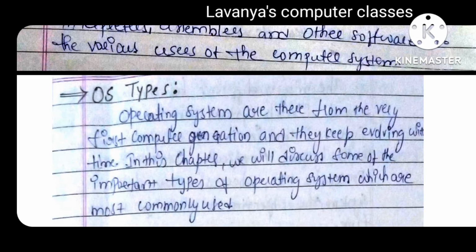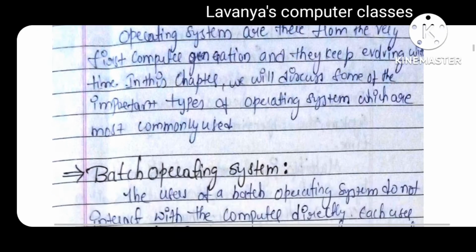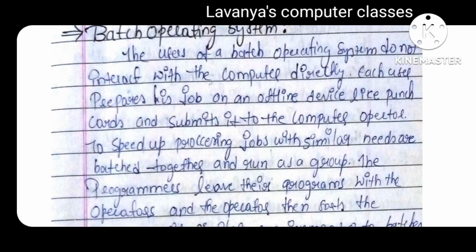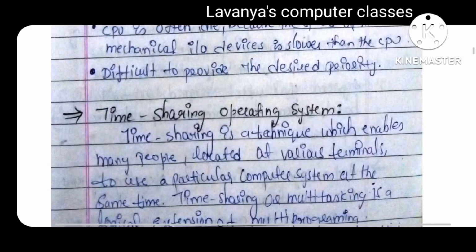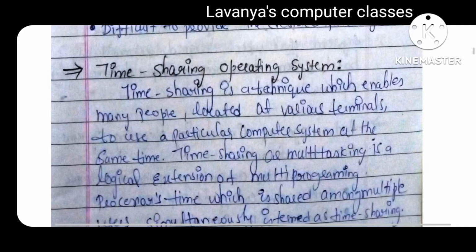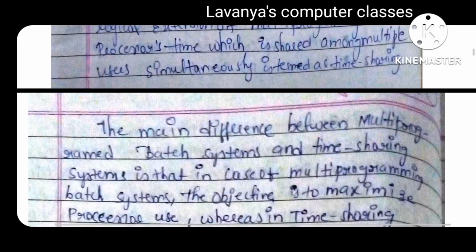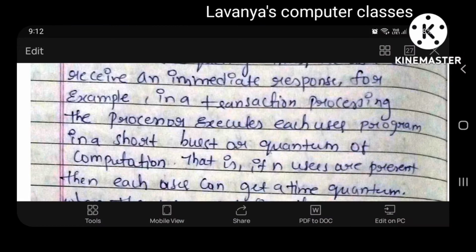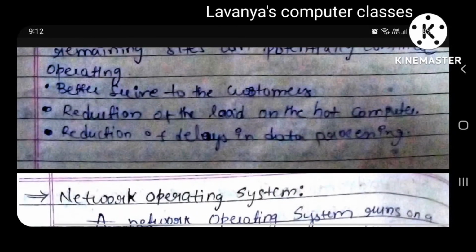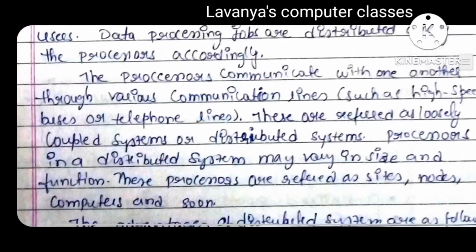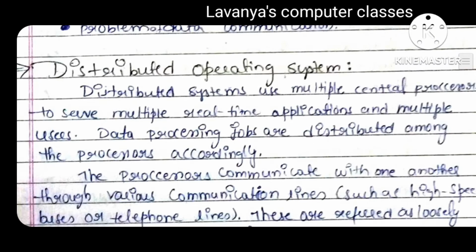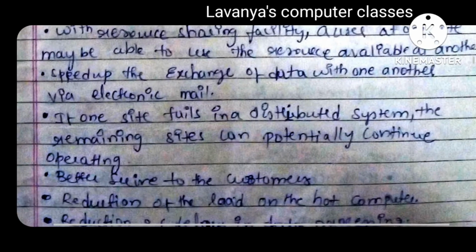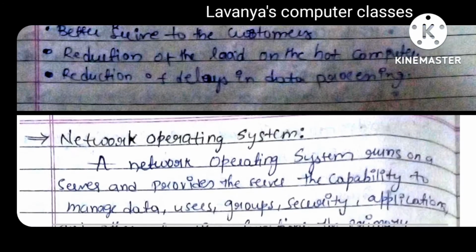Next, different types of operating systems. Batch operating system, time sharing operating system, so these are the distributed operating system, network operating systems.